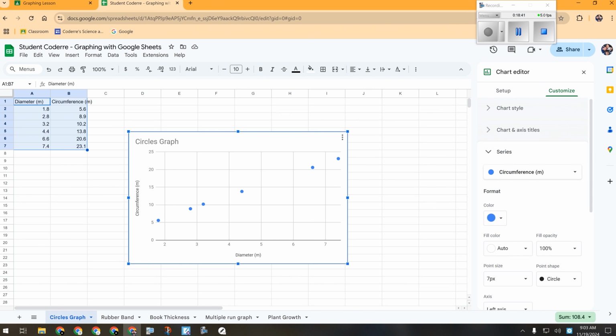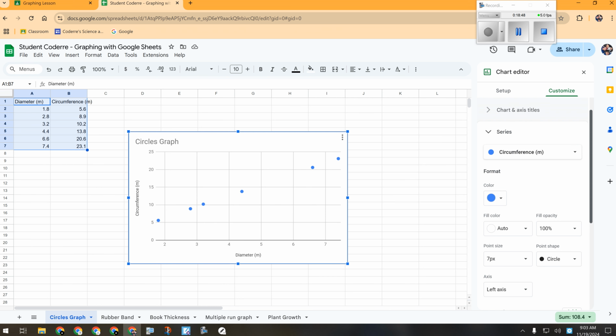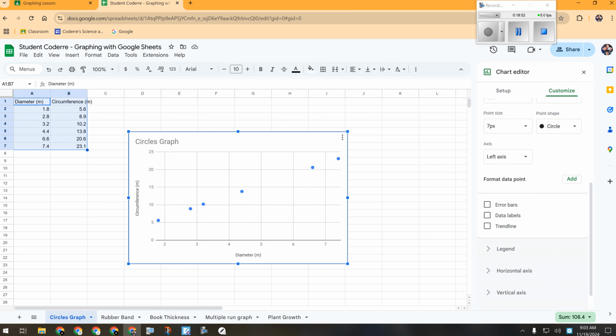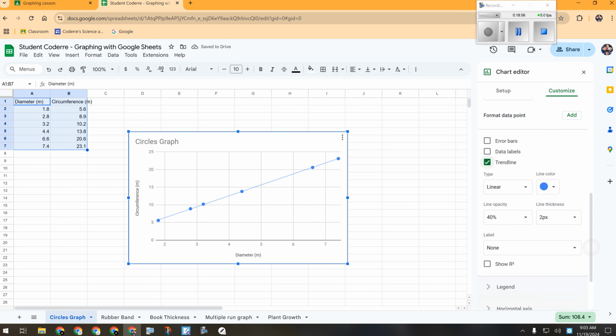It looks like everything is okay there in terms of units and labels. We're going to scroll down until we can get the trend line box. We'll click it, then scroll down a little further to where it says label. Click on that, use equation. Boom, we got our graph all built and ready to go.